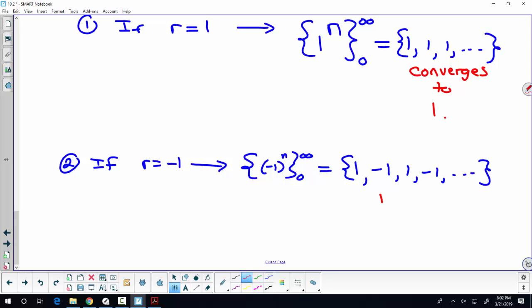But the sequence would diverge too, right? Or the series would diverge too, because if we looked at the sum of this as 1 minus 1 plus 1 minus 1, depending on how many terms you add up, you either have a sum of 1 or a sum of 0.